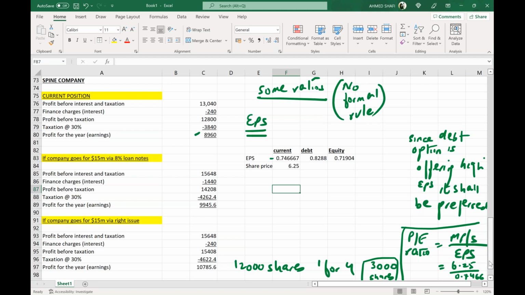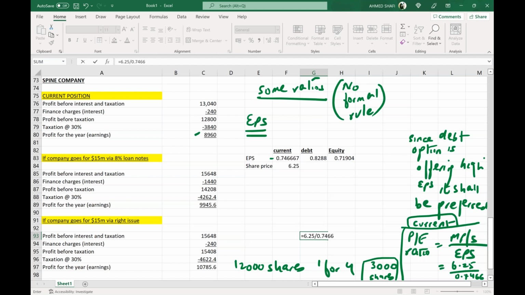So the current market price per share is 6.25 and the current EPS I've just calculated is 0.7466. So the current PE ratio is 6.25 over 0.7466.